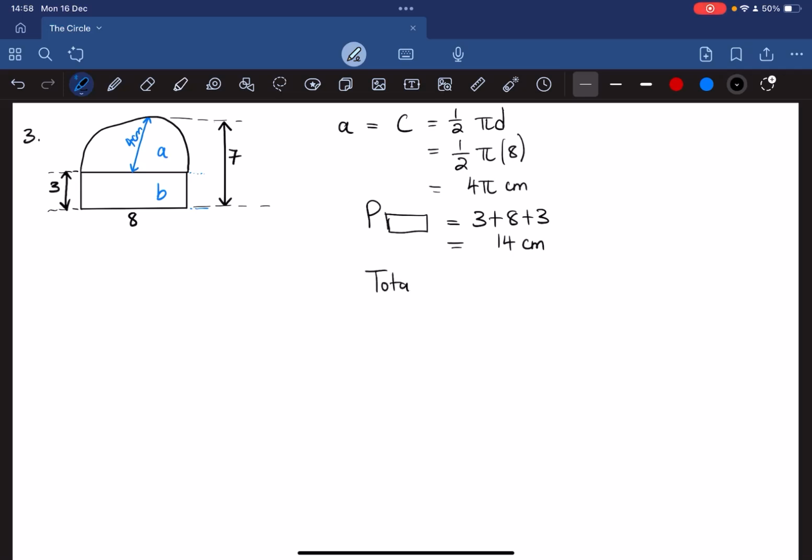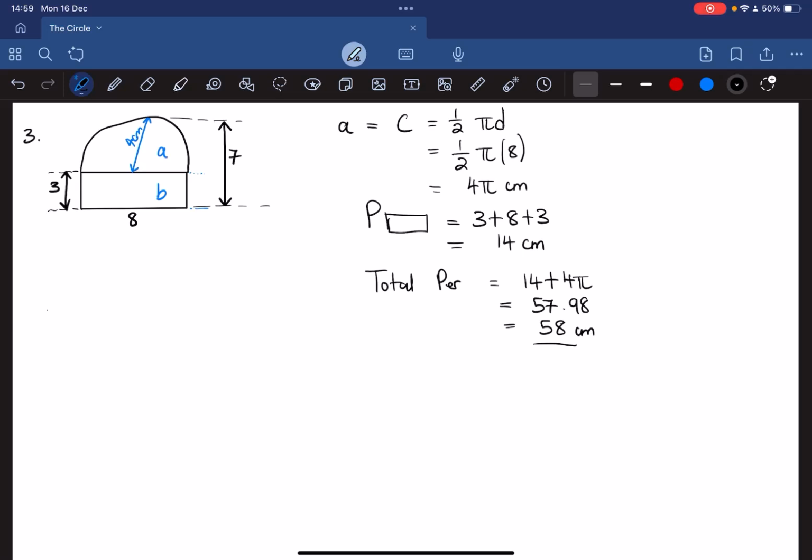Hence, the total perimeter is going to be 14 plus 4 pi, and I get 57.98, which, rounding it off, we get 58 centimeters as our perimeter.